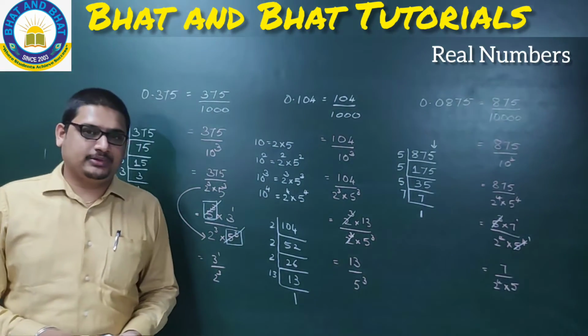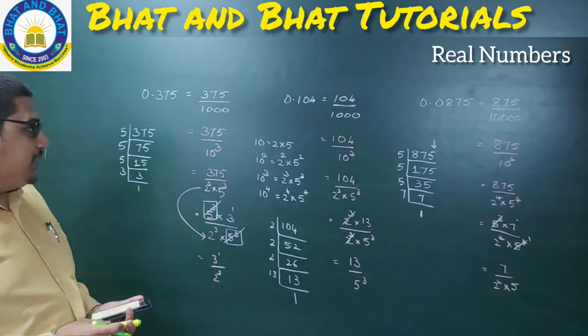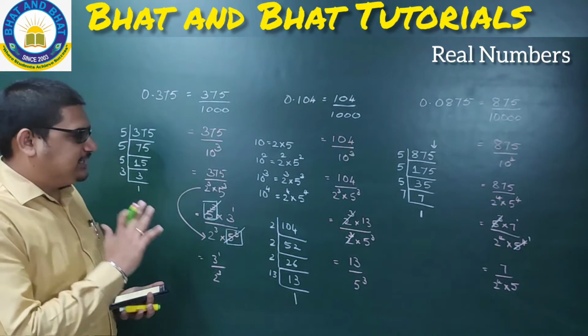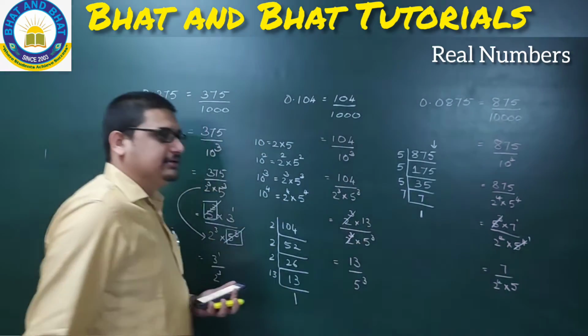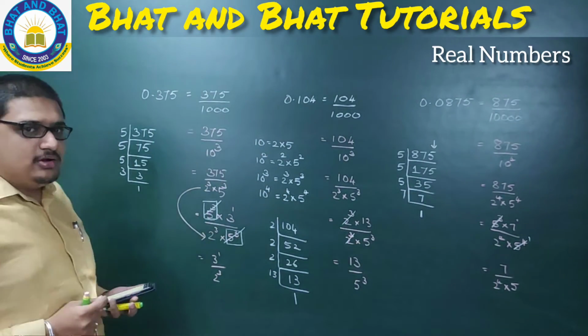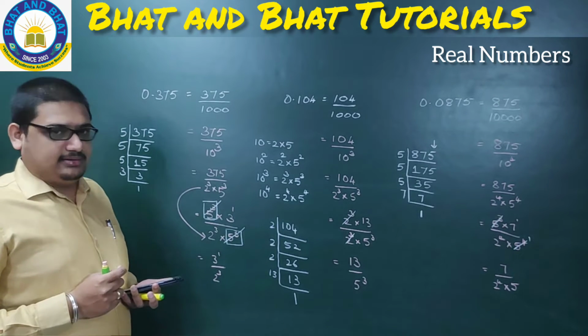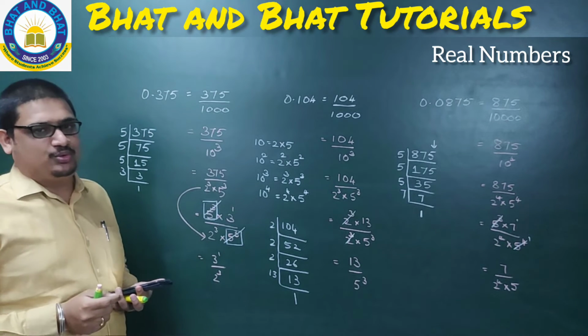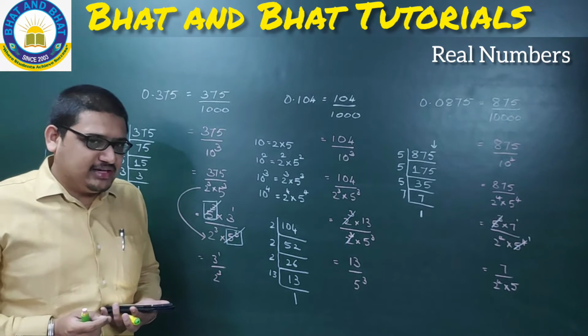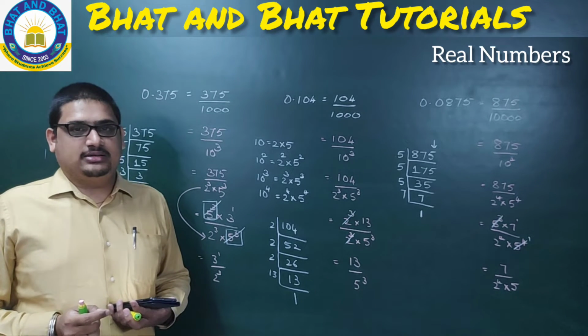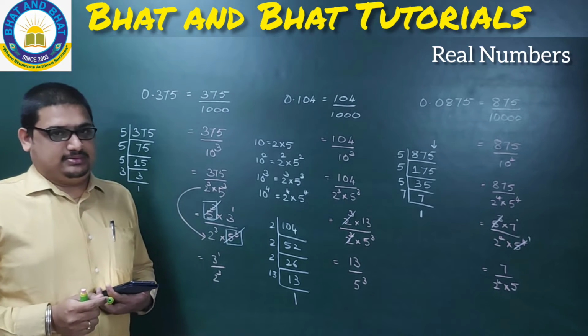Am I right? So, now students, can you observe a pattern in these three answers that we have received? Can you observe a pattern? This is extremely important. This observation helps you to decide whether the decimal expansion is repeating or non-repeating.